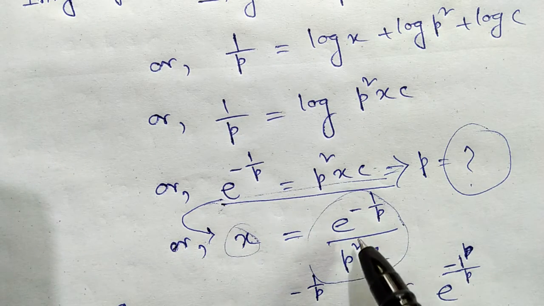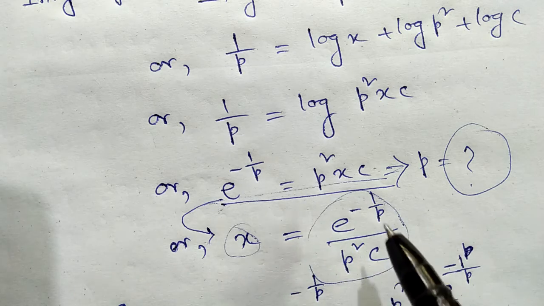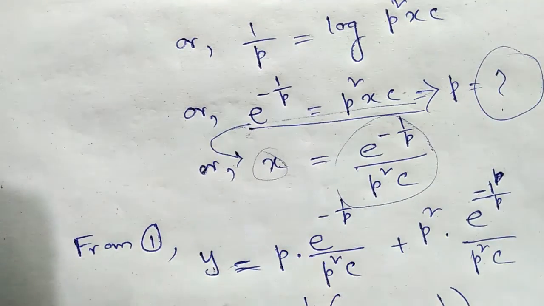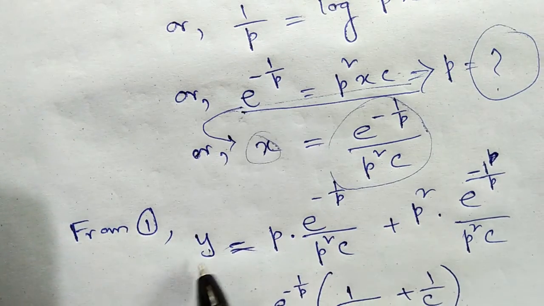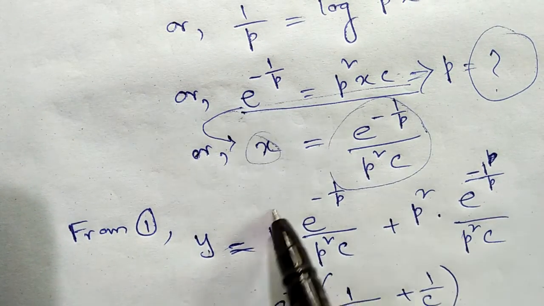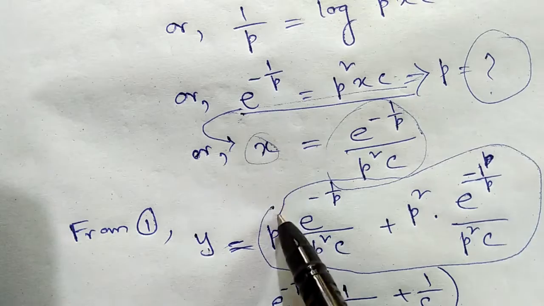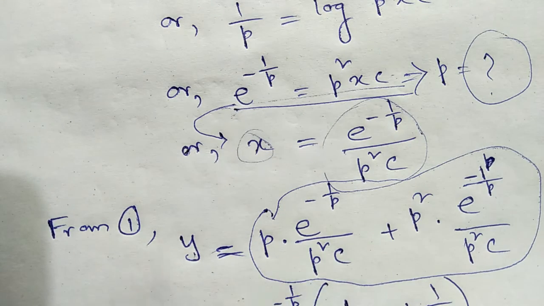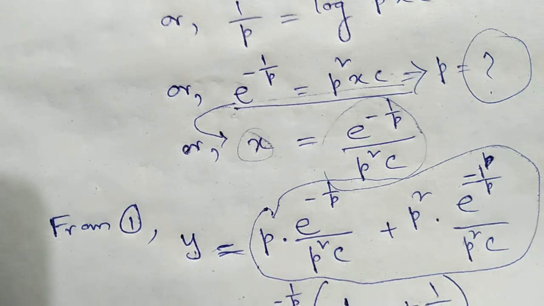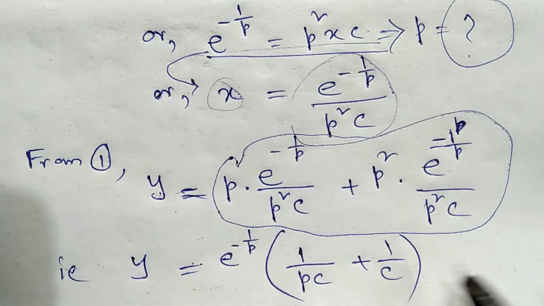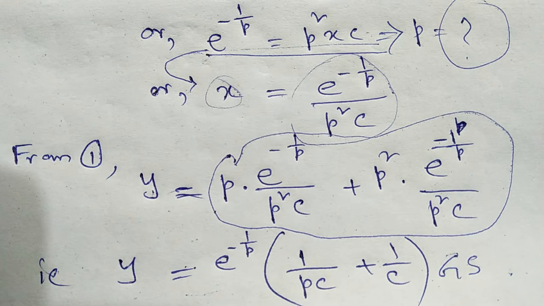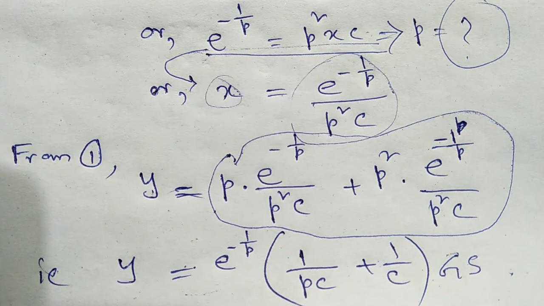So from this equation we have to find the value of x. Now you can see that in this expression there are p-related terms. So if we put the value of x in the given equation, then the expression for y, that is this portion, also contains the terms relating to p and c. So this general solution is a parametric solution where p is a parameter.